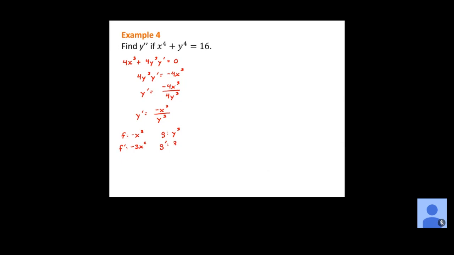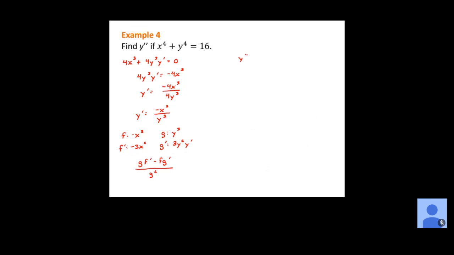Okay, 3y squared. But because it's implicit with respect to x, we actually have to have here a y prime also. Just don't forget that piece. And remember our quotient rule, we're going to start with g, so it's going to be g f prime minus f g prime all over g squared.